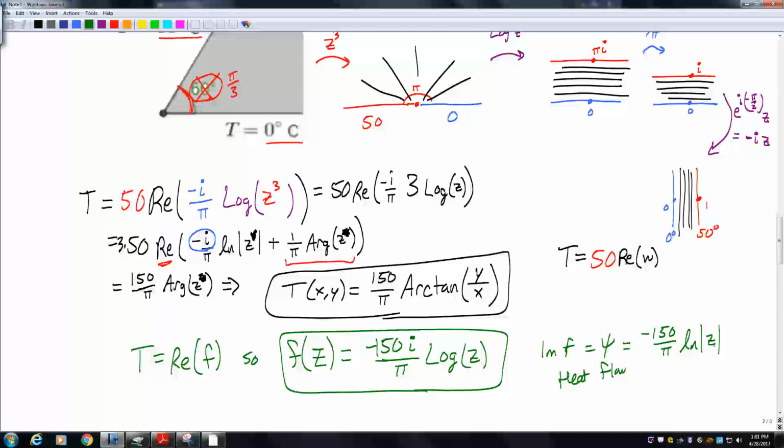Right? Because the flow, if I go up to my original picture here, the flow are just these circular arcs that only depend on the modulus. Okay, and the only harmonic function I know here that is a function of the modulus is the log function. So that makes sense there for my flow lines.